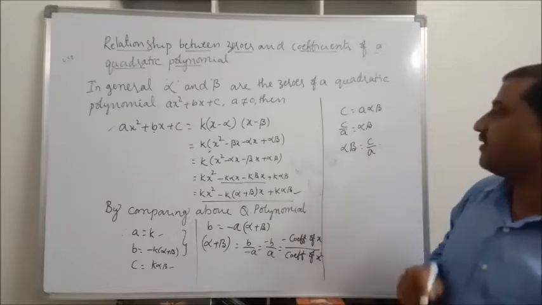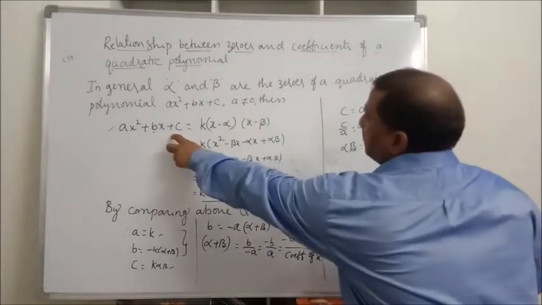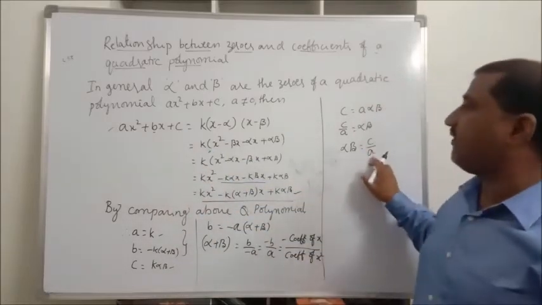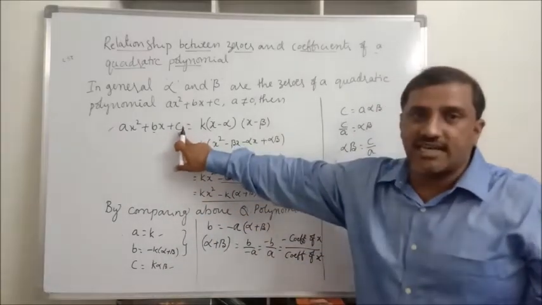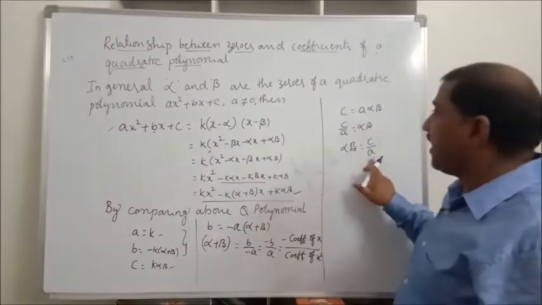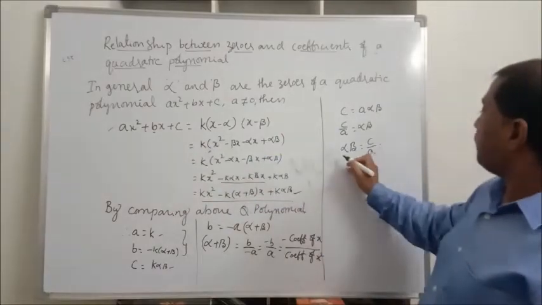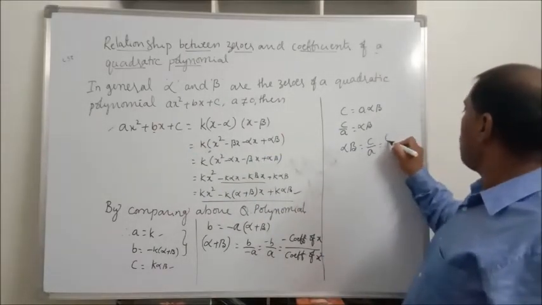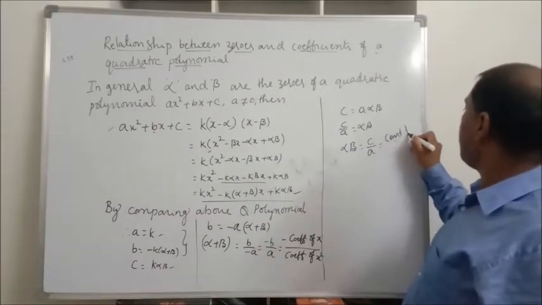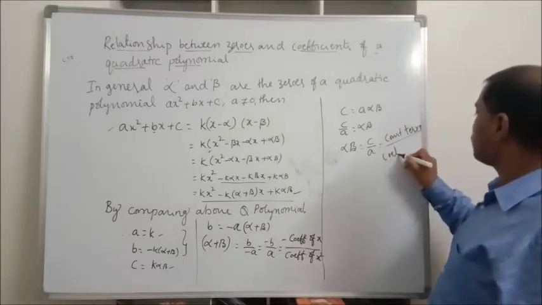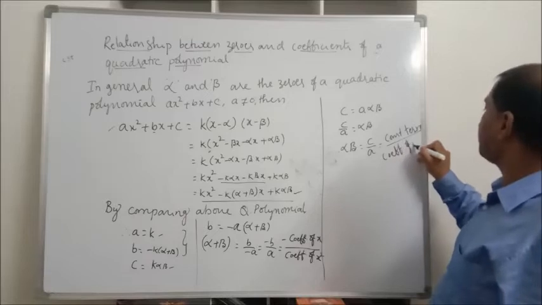Now if we compare the coefficients of the given quadratic polynomial ax square plus bx plus c, we got c by a here. What is c? It is the constant term, and a is the coefficient of x square. Therefore, the product of the zeros is equal to the constant term divided by the coefficient of x square.